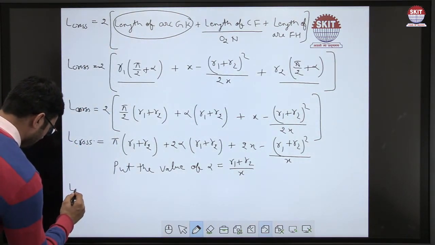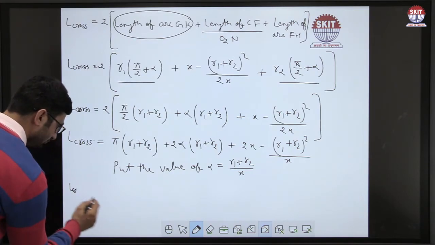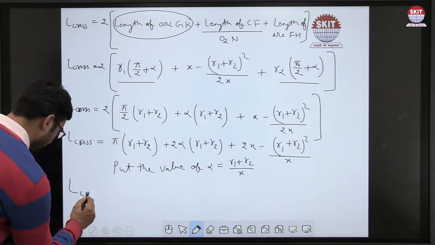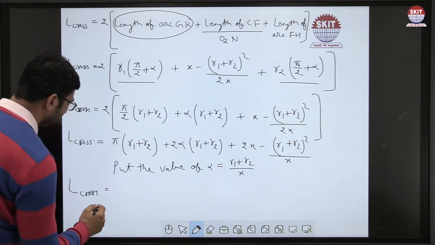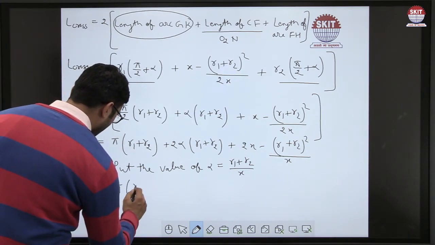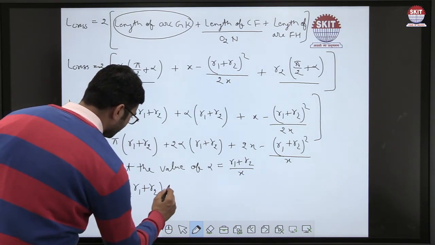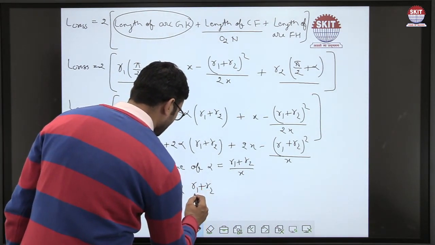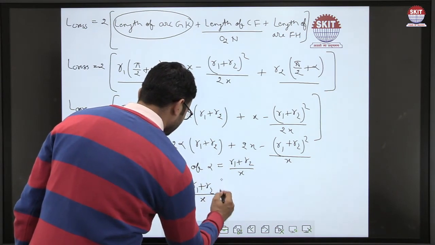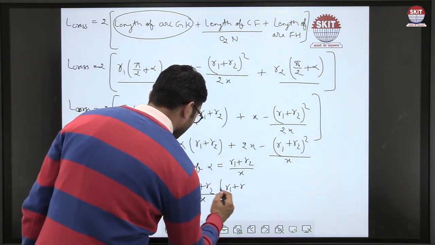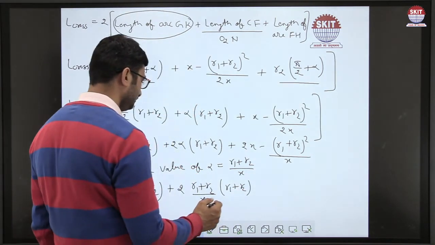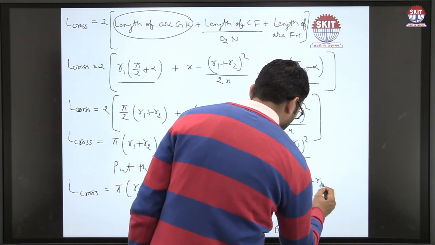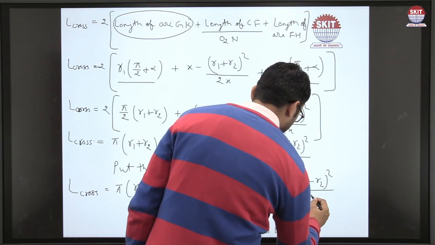So the above equation is like that: pi (R1 plus R2) plus 2 (R1 plus R2) whole square upon x plus 2x minus (R1 plus R2) whole square upon x.